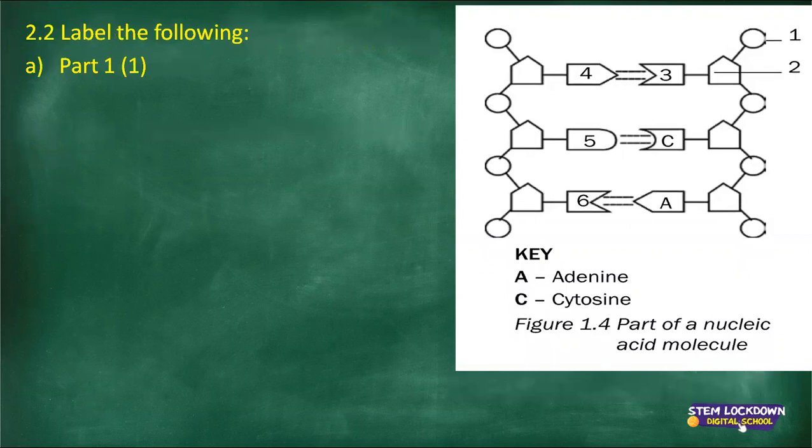Okay, perfect. Now, 2.2 says label the following. Some of you gave me answers for 2.1. The answers you gave for 2.1, in fact, are for 2.2. So we will just correct that.